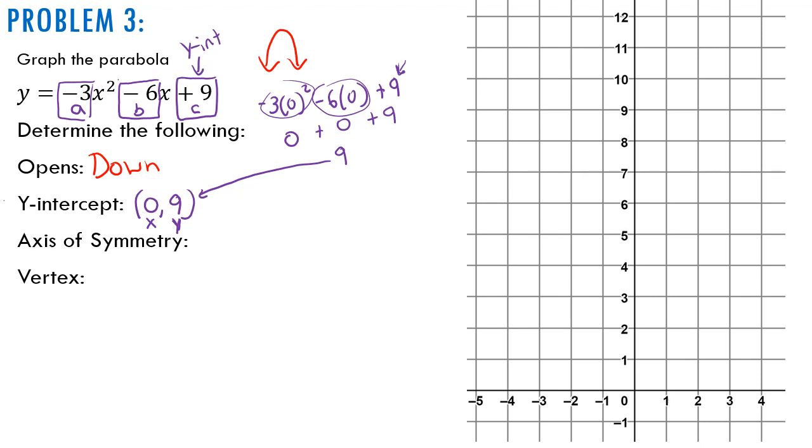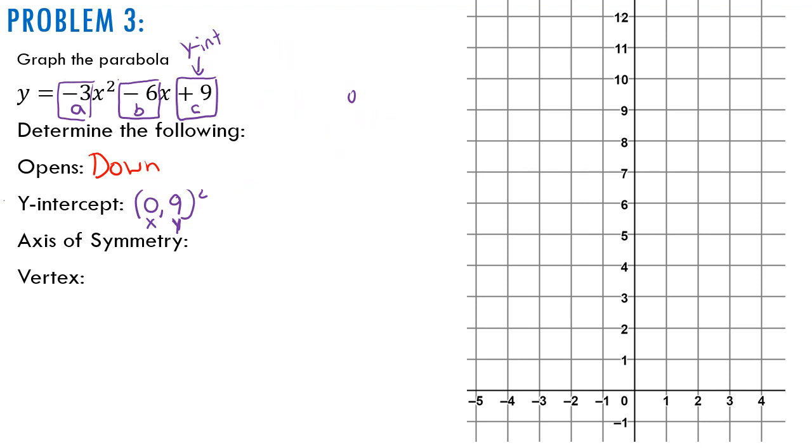All right, so now that we have that, we have to figure out the axis of symmetry. So let's plot this y-intercept and see what this tells us. So I plot it here. That one point doesn't help me. The axis of symmetry always goes through the vertex. This is the y-intercept, so I'm going to have to think of a different way to find the axis of symmetry.